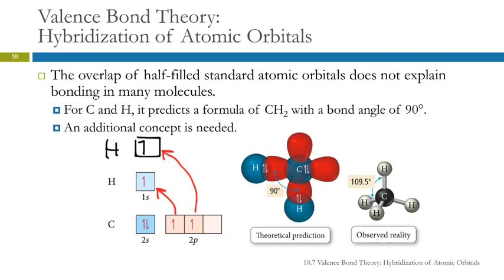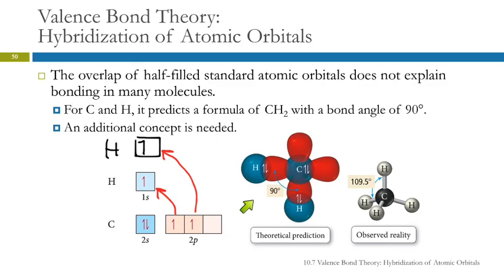Yes? In methane, would those hydrogens take up that last? Well, we'll get to that. What's happening with methane. So our theory so far predicts that carbon and hydrogen would bond to form CH2, and that the bond angle here would be 90 degrees. But what we observe is that carbon and hydrogen form a compound with 1 carbon and 4 hydrogen atoms.